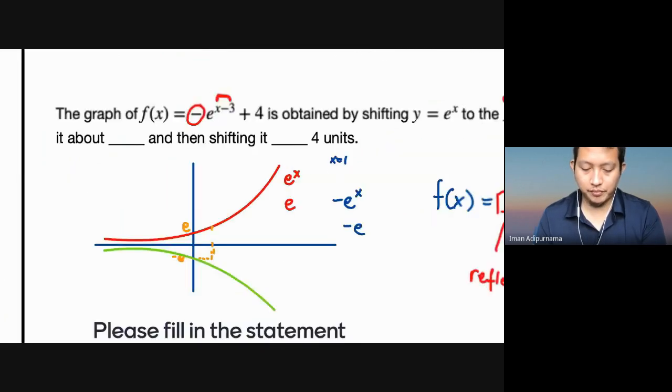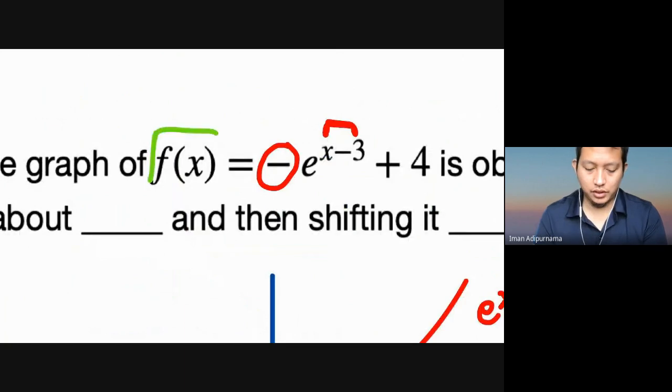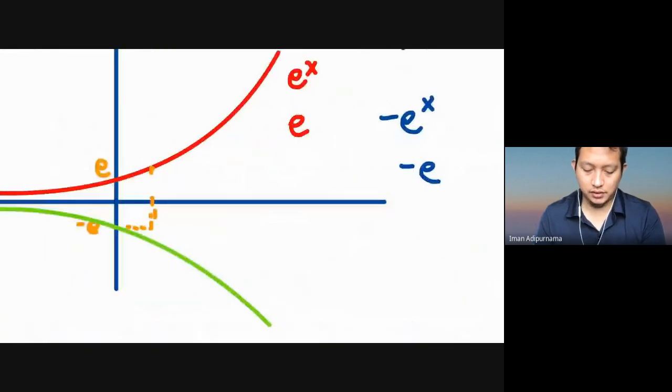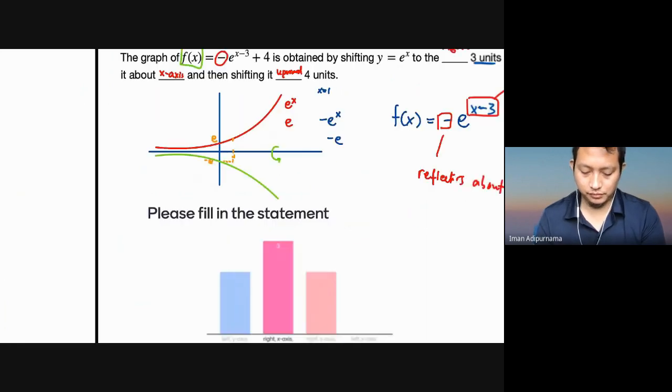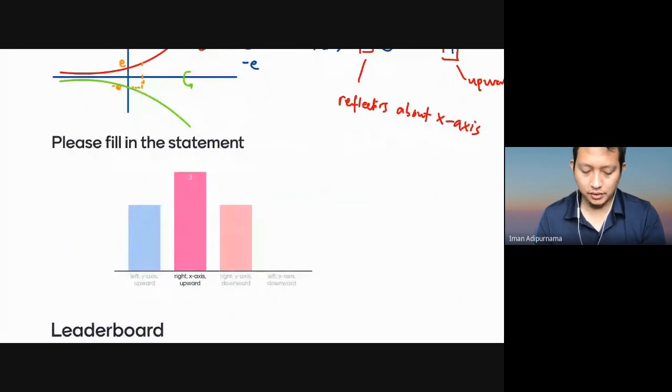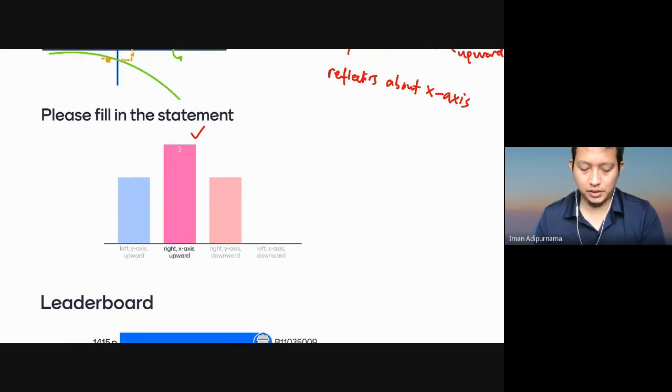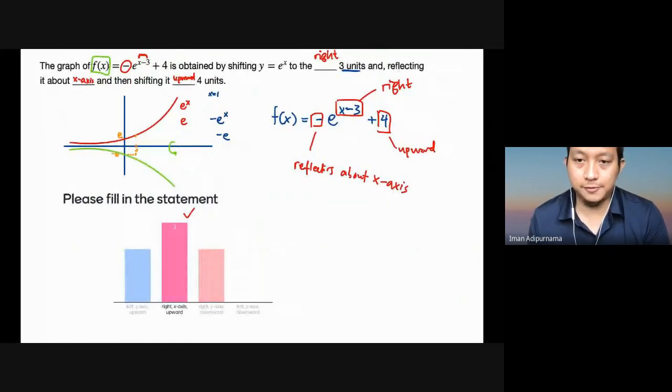Every time you need to take y in the negative form of itself, you need to reflect about the x-axis, and then shift 4 units upwards. So this is the answer.